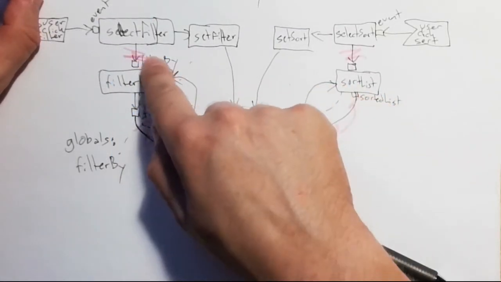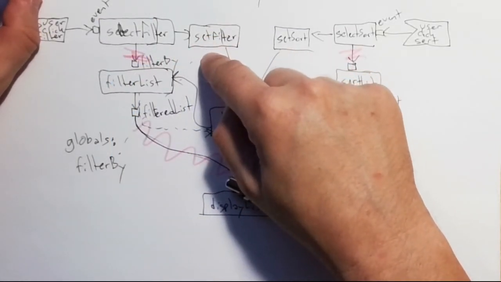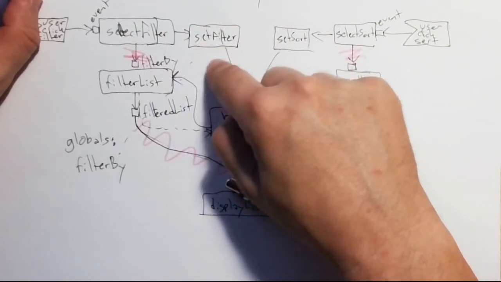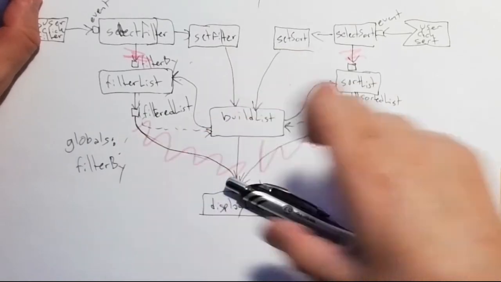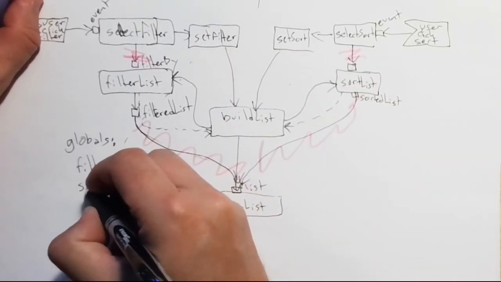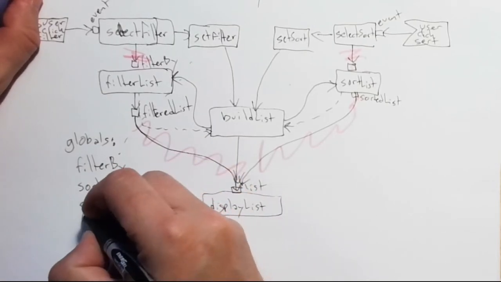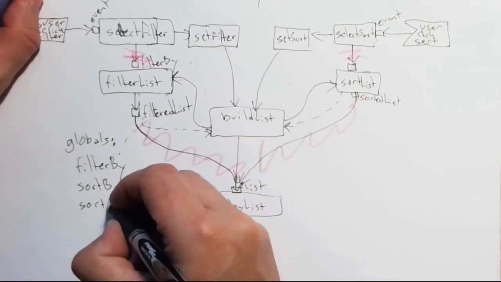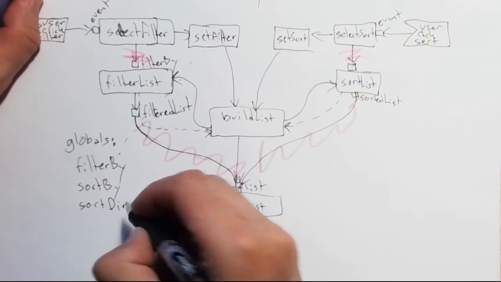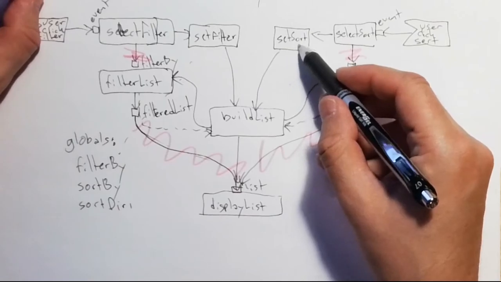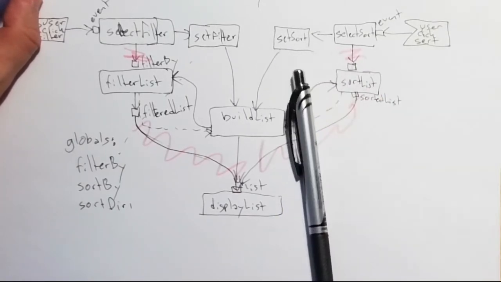Just like we have the set filter, where select filter calls set filter, and set filter sets the global value, we also need the global sort by and sort direction. Let's just call it sort dir for short. And that will be set by the set sort function.